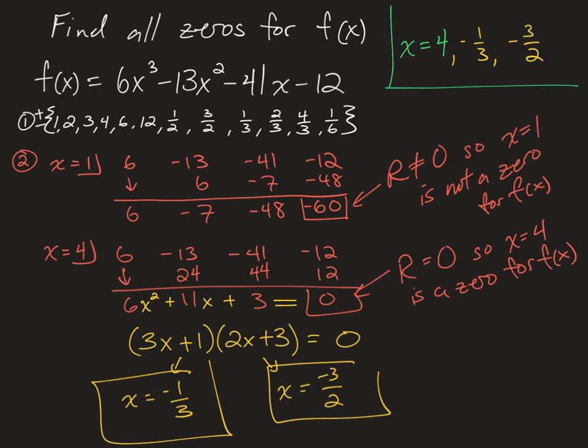And some of you out there may be saying, ooh, I see it. Negative 1/3 is right here because there's a negative sign in front, and negative 3/2 is right here because there's a negative in front. It turns out that this is coincidence. You might be lulled into thinking after seeing one example, oh man, all of the zeros that I'm going to find for every single polynomial function I have are going to be in this list.